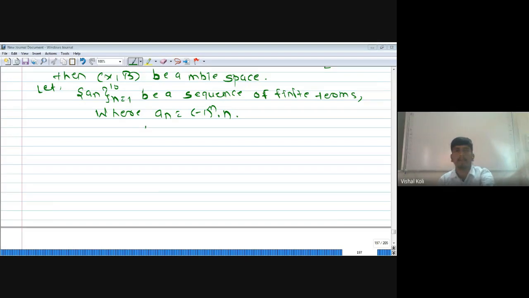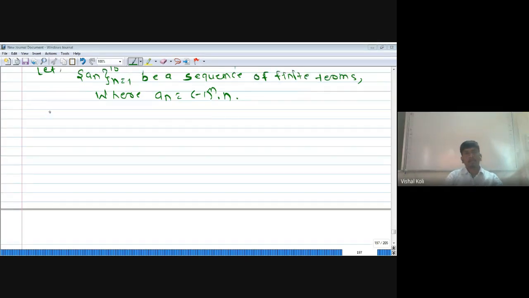Okay. Then a measure is defined, one function gamma from curly B to R by gamma of E equal to summation over n belonging to E of a_n.